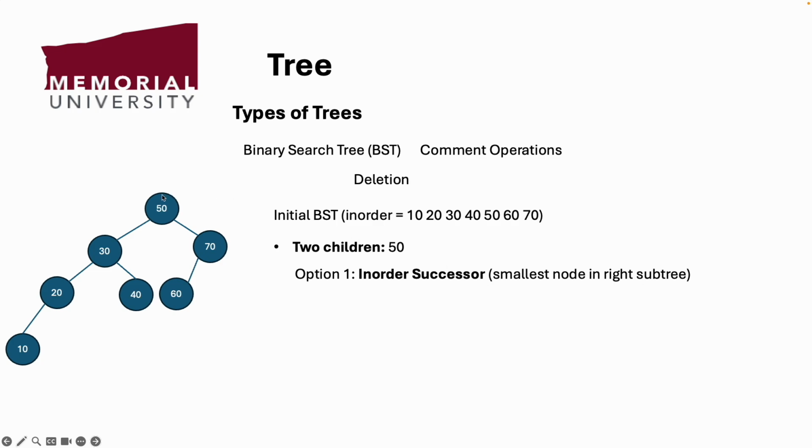If we want to delete the node 50, for option 1, we first go to the right child of 50, which is 70. Then find the leftmost descendant, which is 60. And then just replace the 50 with 60, and then delete this 60. Replace the value 50 with 60 and then delete the 60.